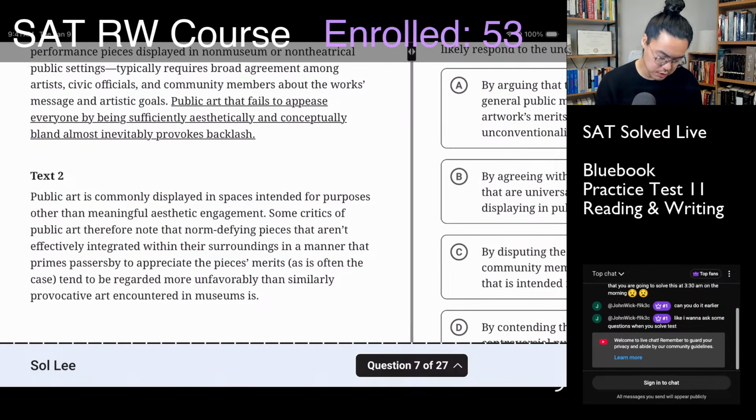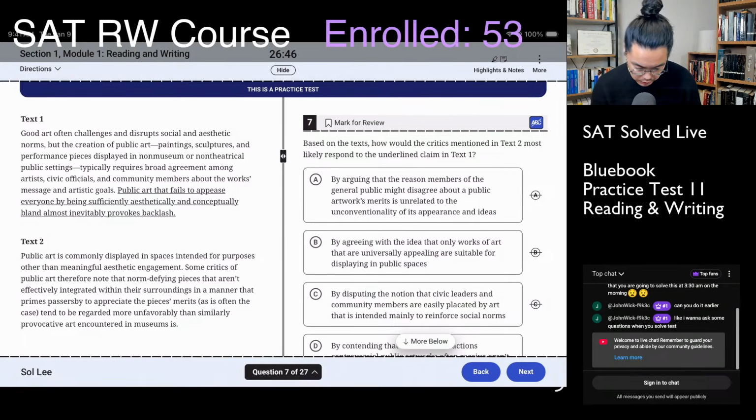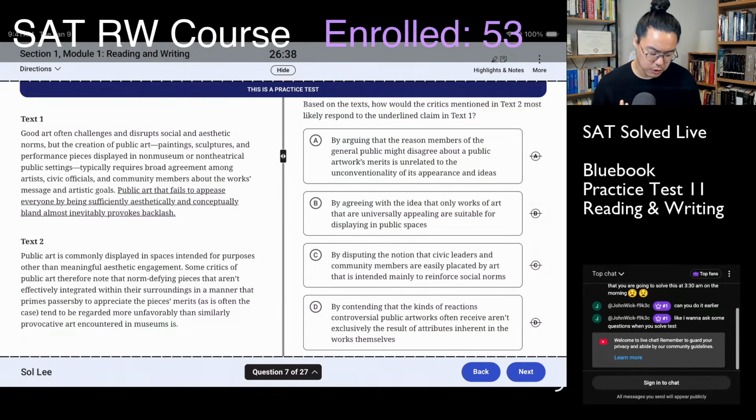Okay, it has to work together with the environment. How would the critics mentioned in text 2 respond to text 1? They would say not necessarily bland, but you've got to integrate with your environment. Okay, that's D. It's funny how I just went down to it. I'm like 90% sure it's D. I'm just going to double check A, B, C.